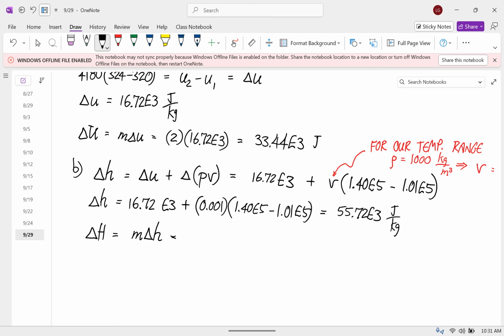So this is 2 times 55.72 times 10 to the third. And so that is 111.44 times 10 to the third joules.